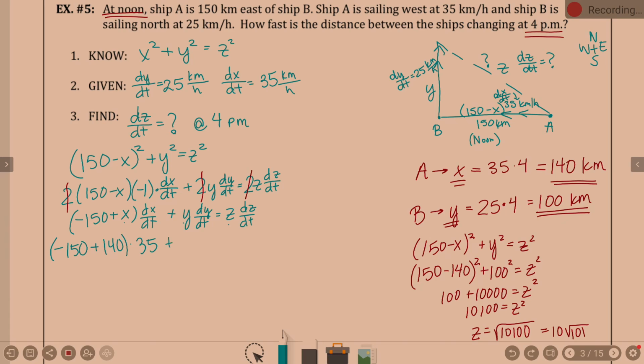Plus y, 100 times dy/dt, 25, equals z, square root of 10,100 times dz/dt.